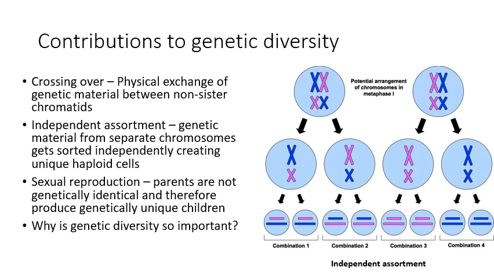The third way is just inheritance, sexual reproduction. When 2 different organisms reproduce and share their genetic material, since they're non-identical, they're going to create new mixtures of DNA and create totally new offspring. So again, all of these ways of creating genetic diversity don't just randomly mix up the DNA.